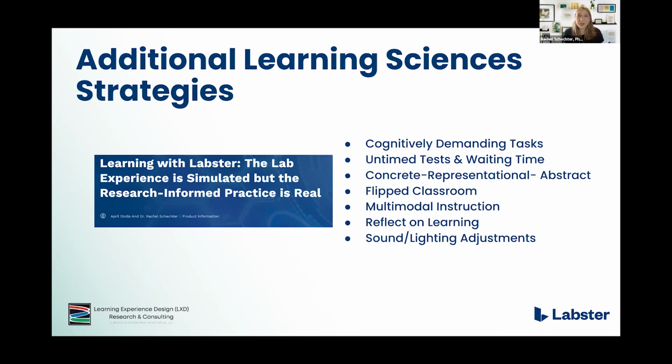And if you want to hear even more, expanding on what Sasha's already shared, check out the blog post that April and I wrote that was inspired and taken from the application that helped Labster earn its learning sciences based certification. And all of these resources that we're talking about will be available to you in the email that you'll receive. So don't worry about remembering everything. You will have all of those in a list for you.